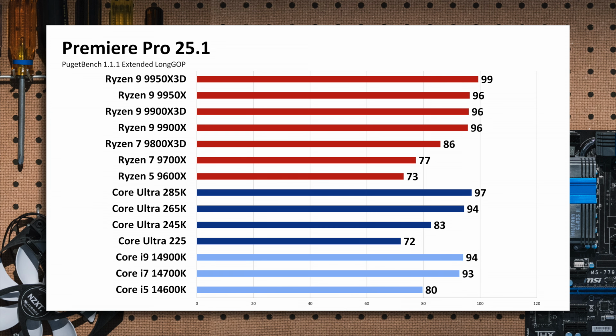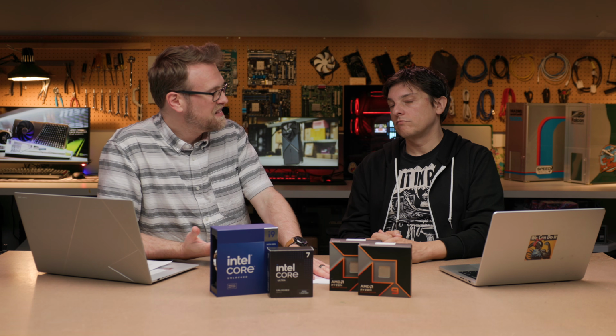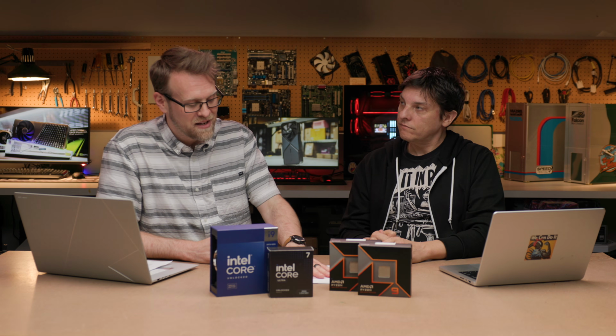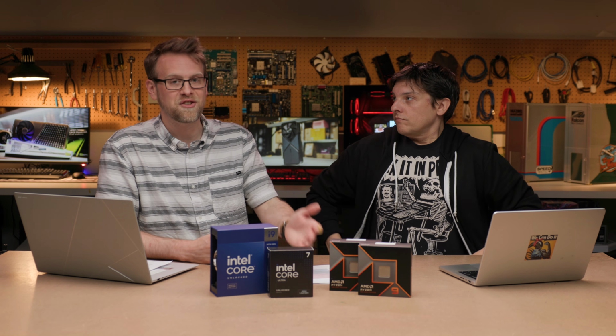Well, I do think it's interesting that they're so similar up there at the higher end. And I guess bang for your buck wise, you still could go with the Intel. I would like to point out that these are CPUs released within the last year or two, so these are high-end, brand new CPUs. So it's not like the lowest score on the charts here is just unusable, right?